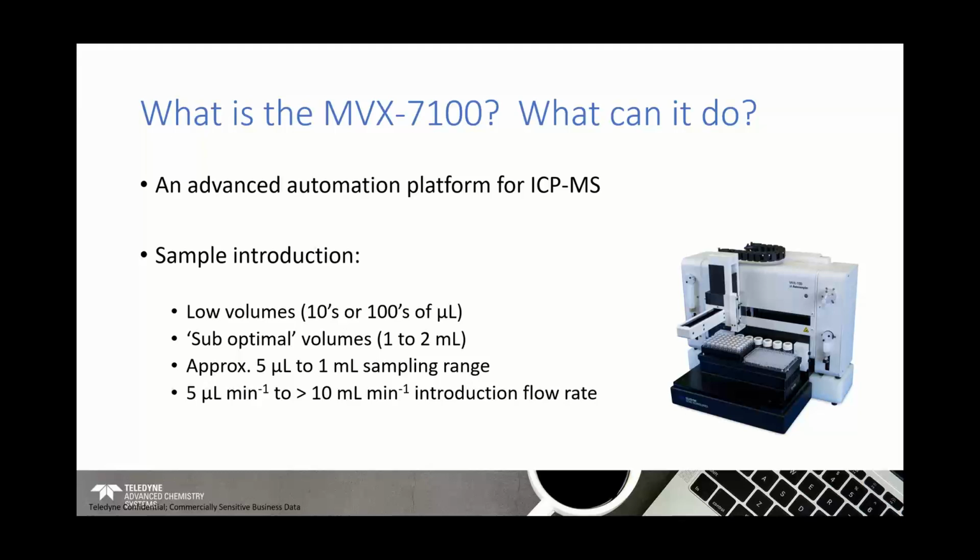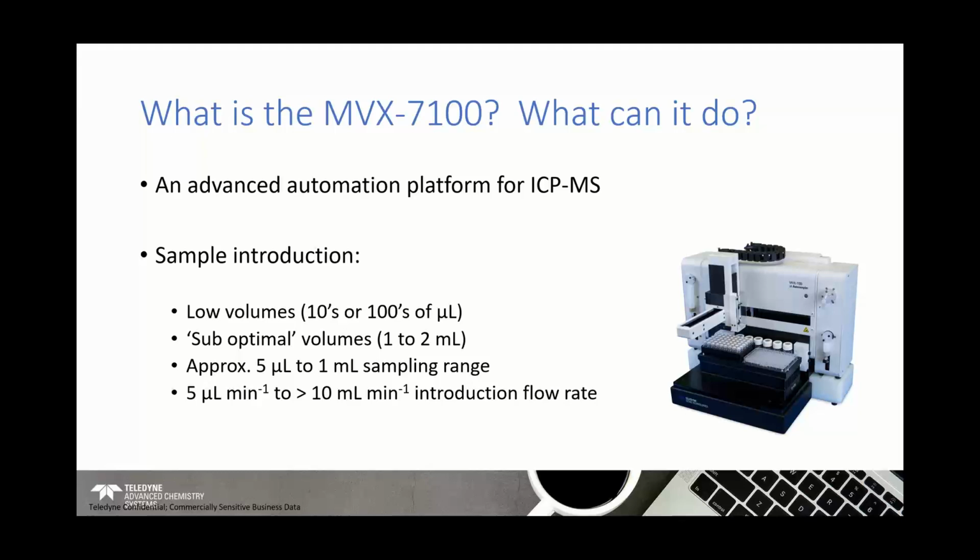Approximately what I would suggest in terms of the sampling range, depending on the type of ICPMS that you are going to be working with, sampling range is about 5 microliters up to 1 milliliter in sample introduction range. Now, I say approximately. The smallest sample volume that I've introduced to a multi-collector instrument is 2 microliters.